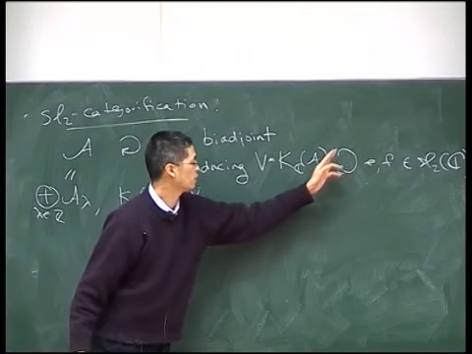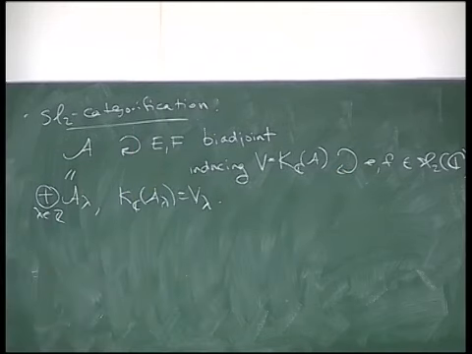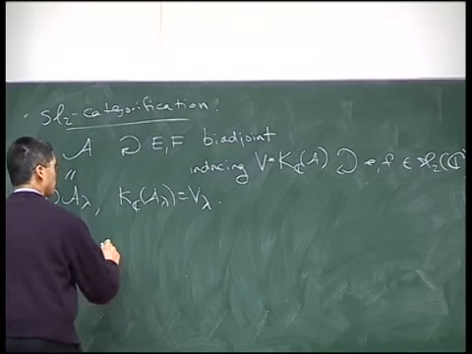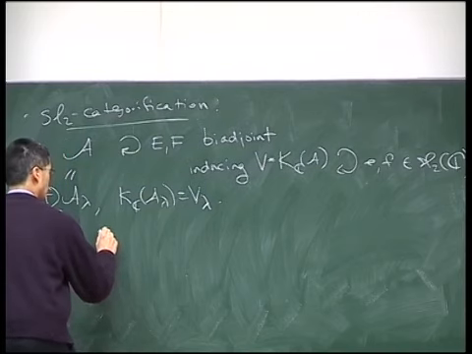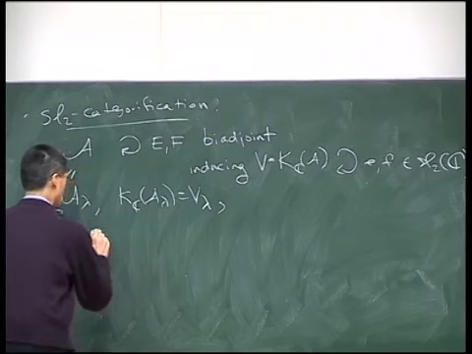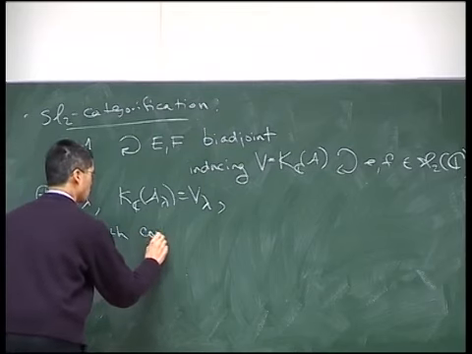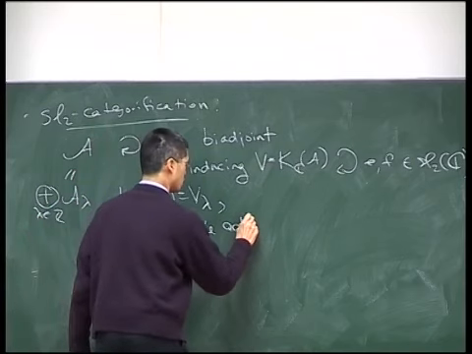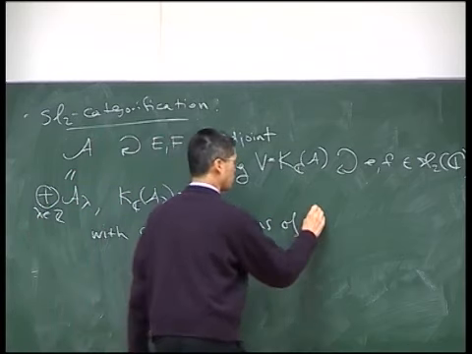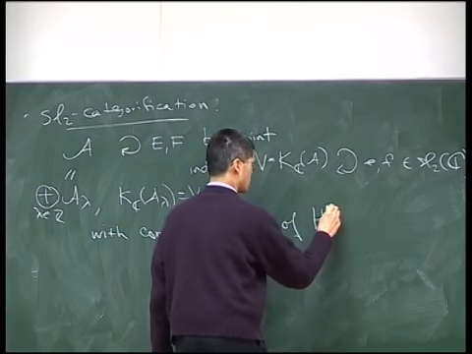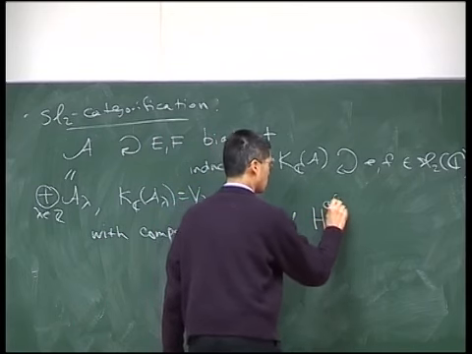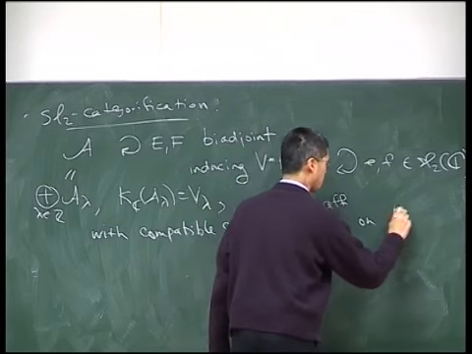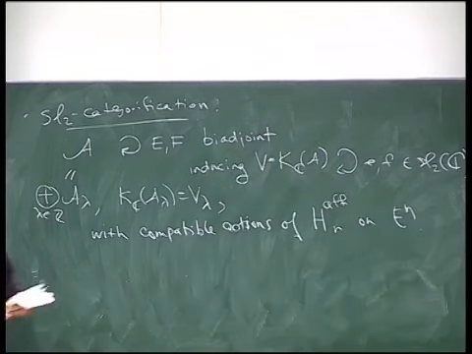we have the action of degenerate affine Hecke algebra on powers of the functor E. So we have compatible actions of affine Hecke algebras on powers of the functor.